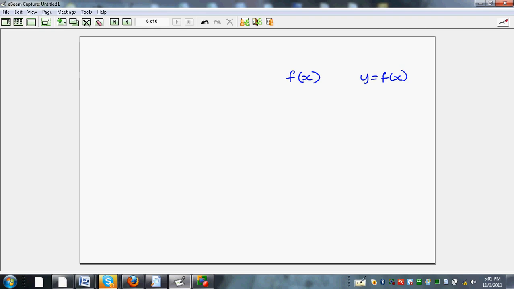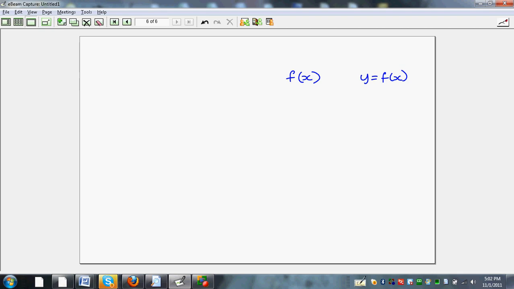We can use the function notation to find the image of x.